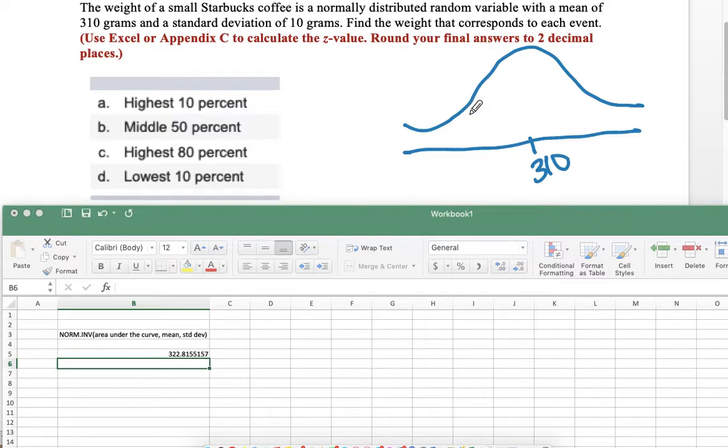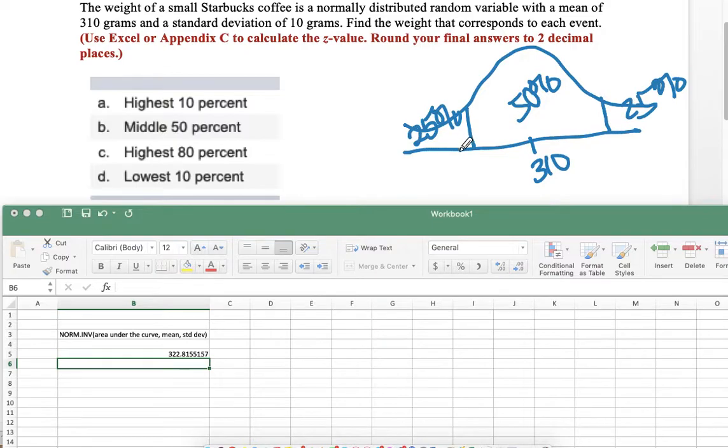For the middle 50%, it's in the exact middle, so this would be 25% on each side. We can write those as decimals: 0.50, 0.25, and 0.25.